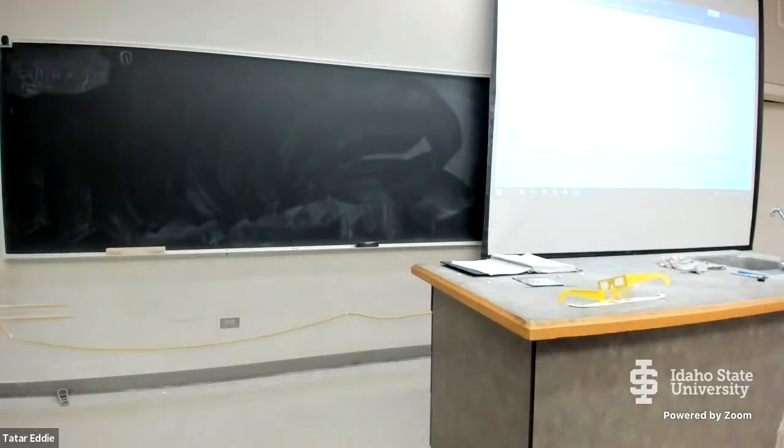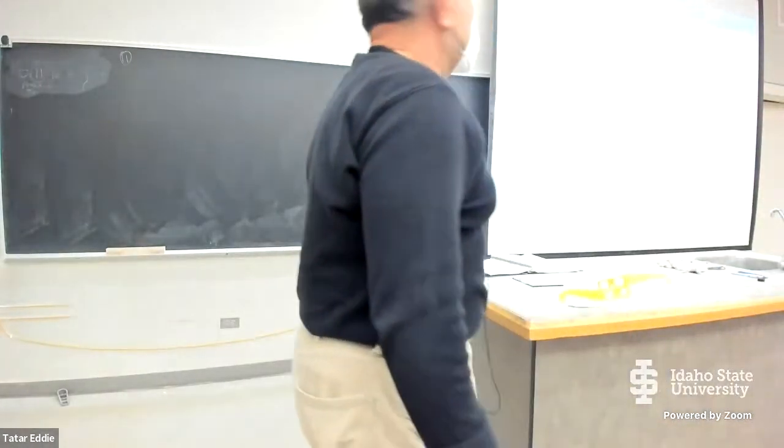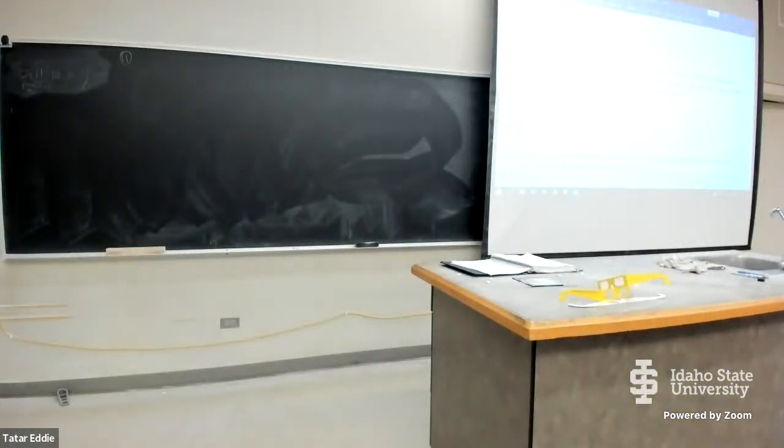Problem number 11 is about reflection. I think it is from chapter 25 or 26. It's Malus's law, yes, Brewster's angle.